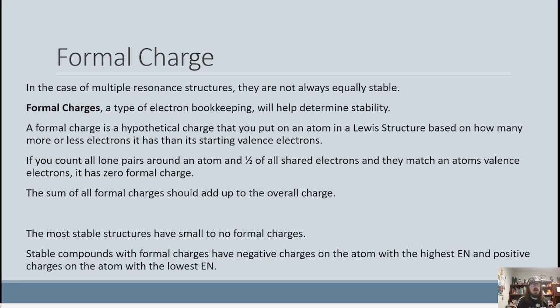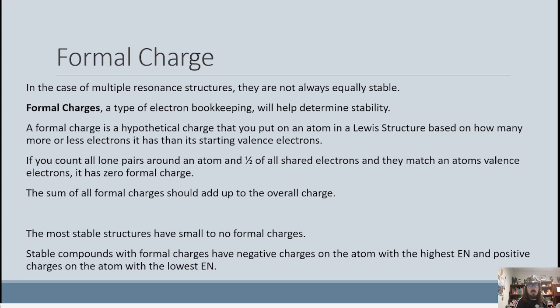When we start to make bonds, those bonds are going to be accounted for by those valence electrons. Any lone pair is accounted for by those valence electrons. Anytime we have less valence electrons around the atom than when we started, we adopt a positive formal charge. Anytime we have more valence electrons around there than when we started, we have a negative formal charge.